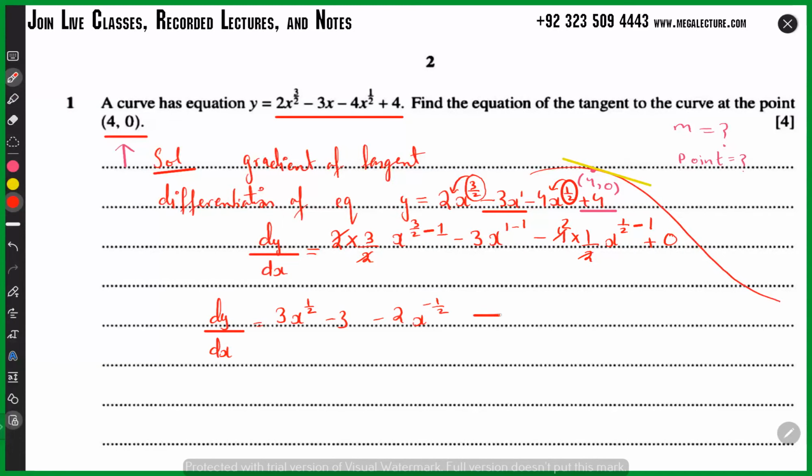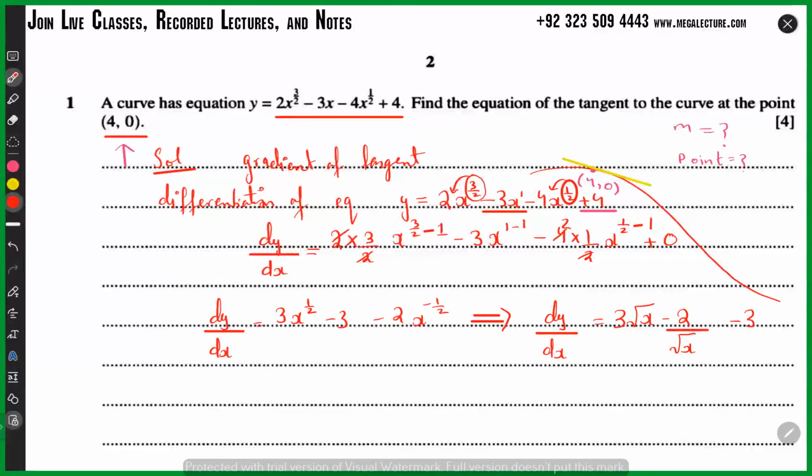No. Okay. Now I'm going to write this derivative once again neatly. dy by dx is basically equal to 3 root x minus 2 divided by root x minus 3.